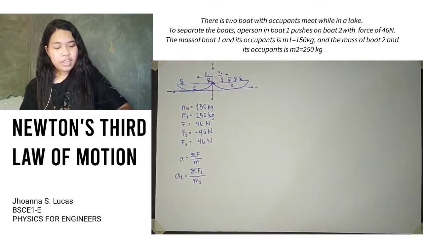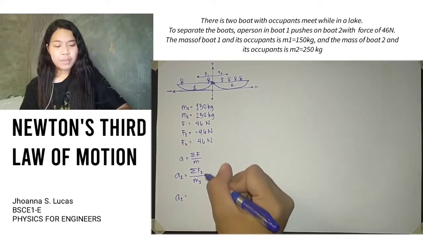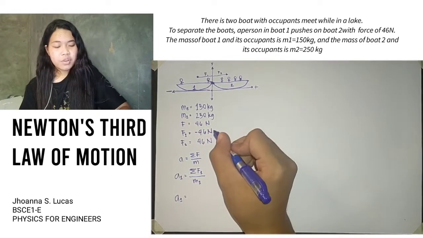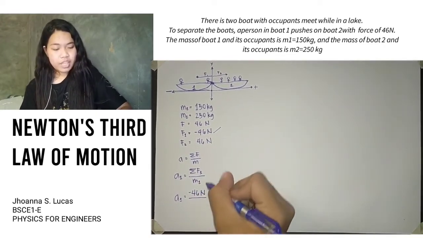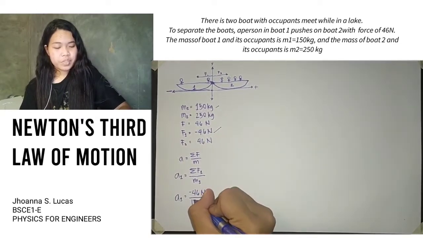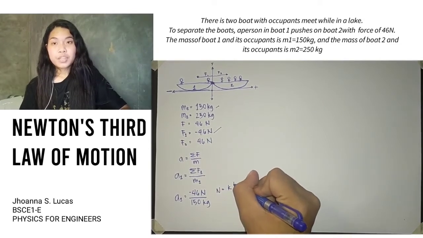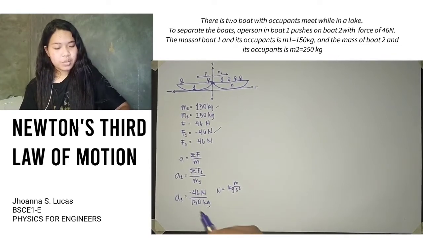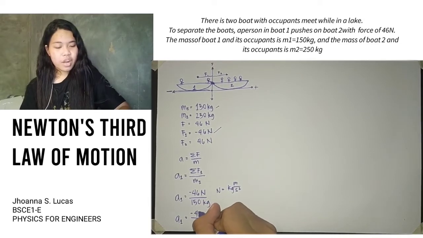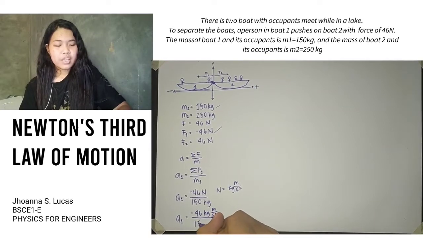So a sub 1 is equal to the summation of F sub 1, which is negative 46 Newtons, over m sub 1, which is 150 kilograms. Since a Newton is equal to a kilogram meter per second squared, we will use that for us to cancel the kilogram. So negative 46 kilogram times meter per second squared over 150 kilograms.